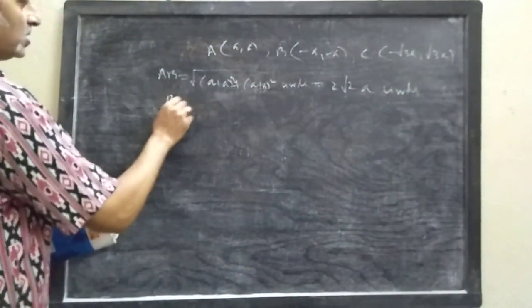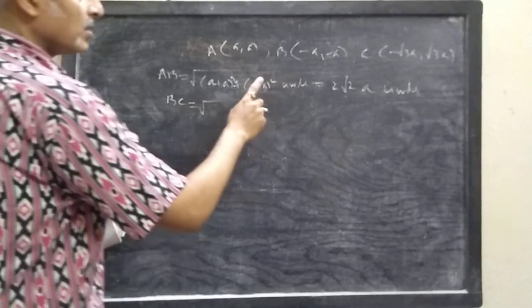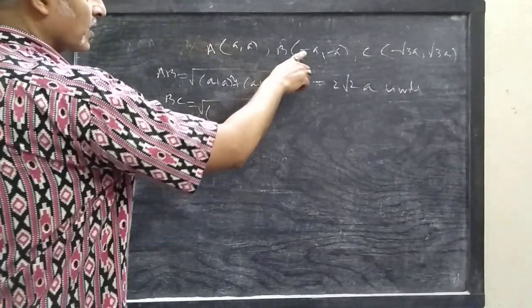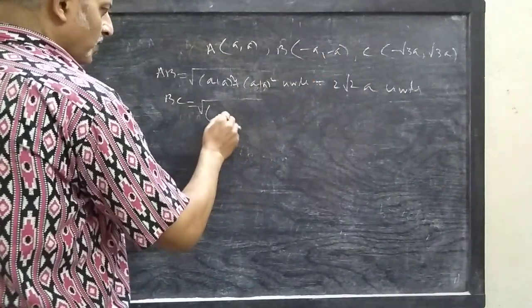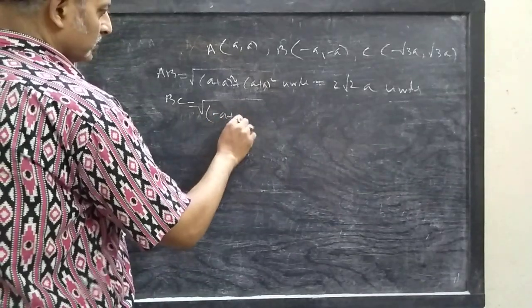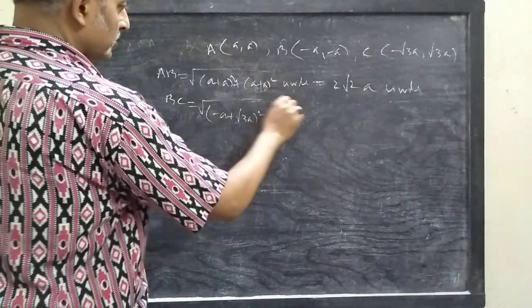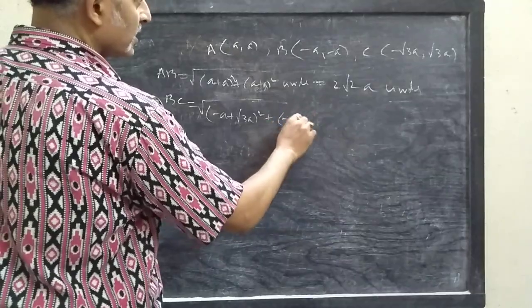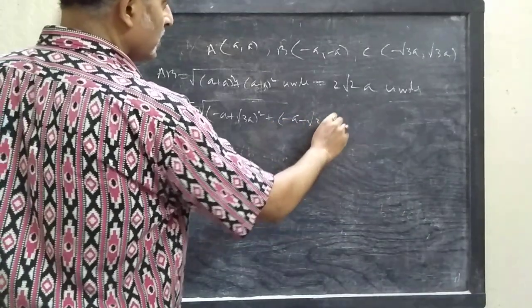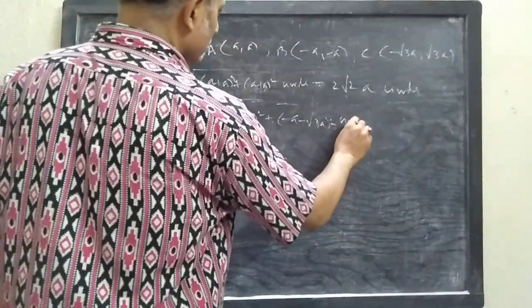Next find BC. BC will be the square root of (-a + √3a) whole square plus (-a - √3a) whole square units.